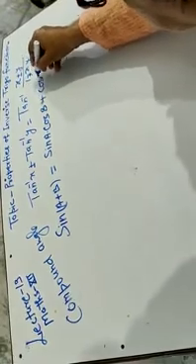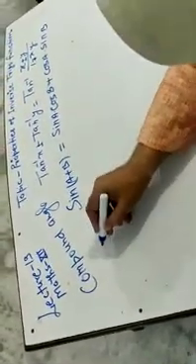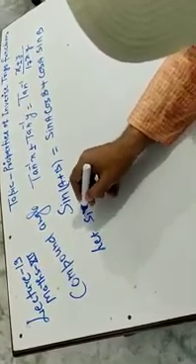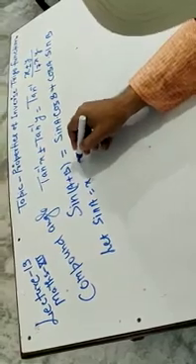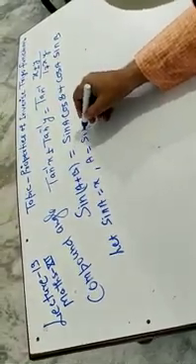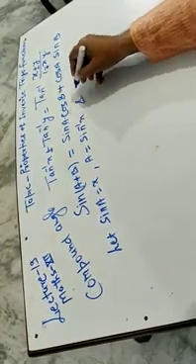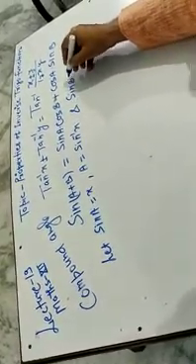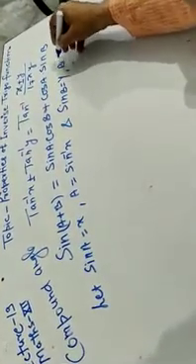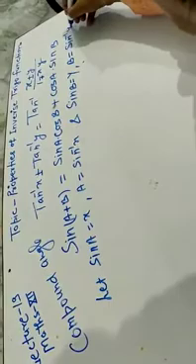You already learned in class 11 sine (A plus B) equals sine A into cos B plus cos A into sine B. If you take sine functions, you assume sine A equal to x, A equal to sine inverse x, and sine B equal to y, B equal to sine inverse y.